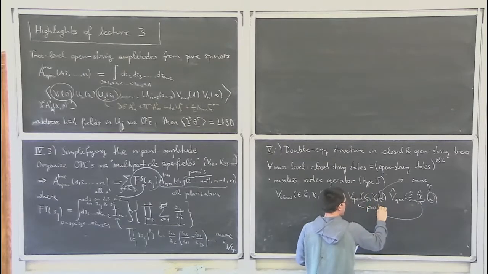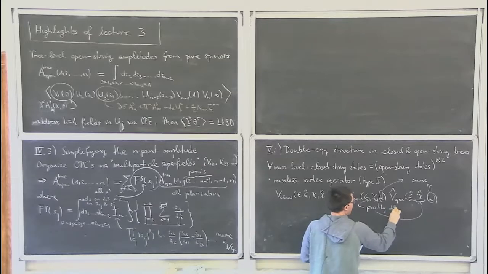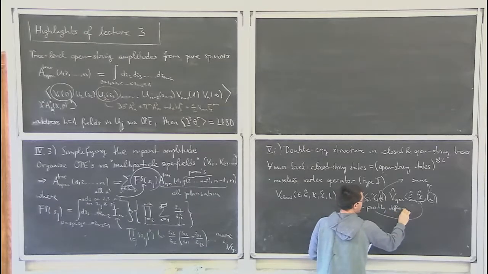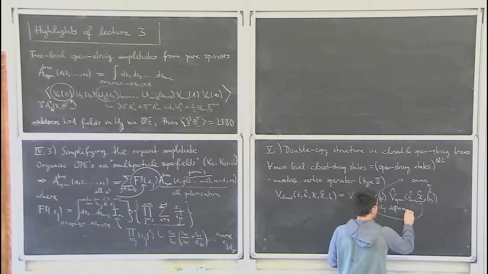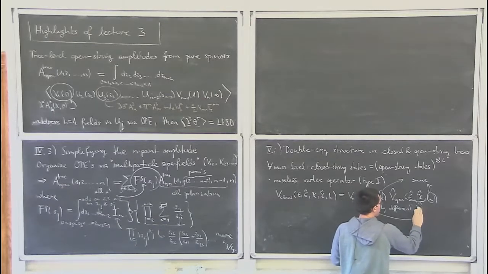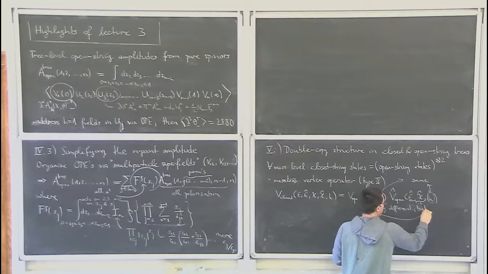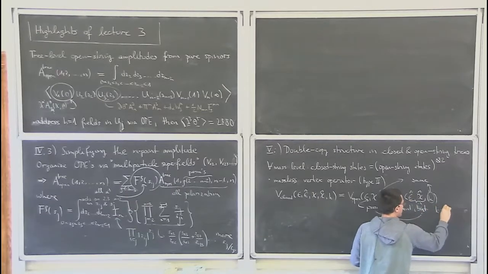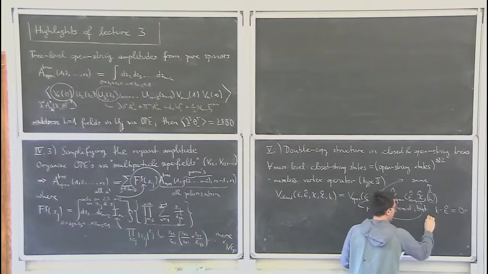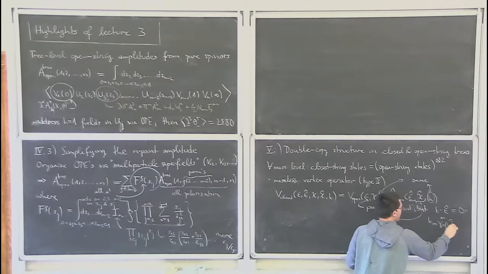But the hatted polarizations must also satisfy the physical state conditions of the open string. So even if epsilon hat is different from epsilon, you still want transversality, and you also want the massless Dirac equation for the fermionic wave functions.